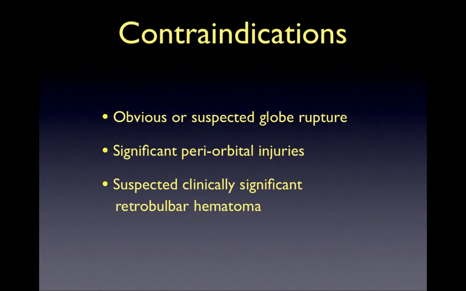In addition, if there's significant periorbital injuries, again, you don't want to apply additional pressure with the probe as it may cause the injury to become worse. Also, in cases of suspected clinically significant retrobulbar hematoma, you might not want to perform ocular ultrasound as it can cause increased pressure on the globe and potentially cause further damage.